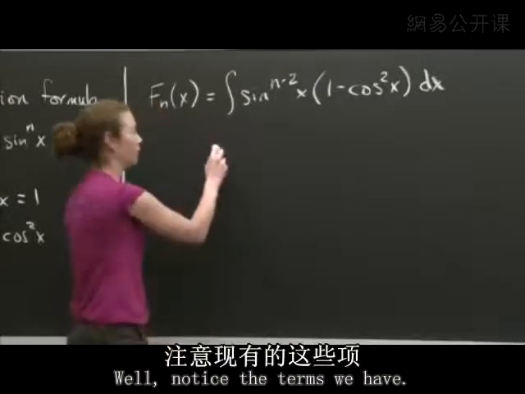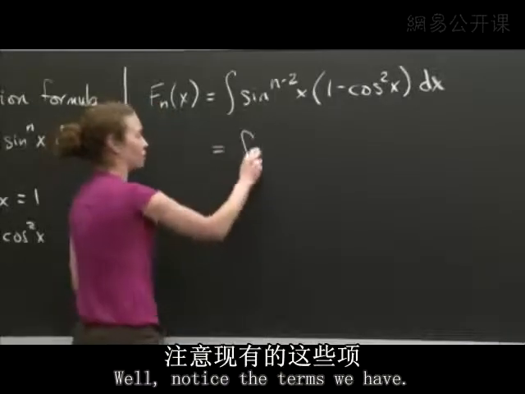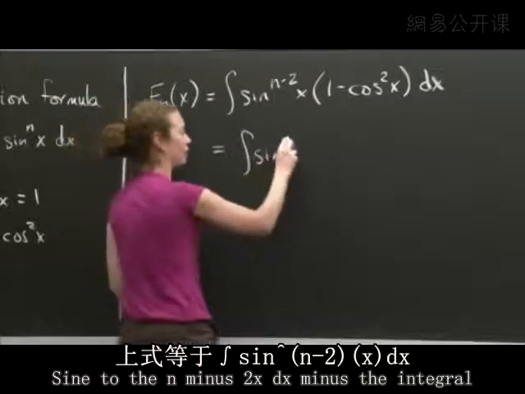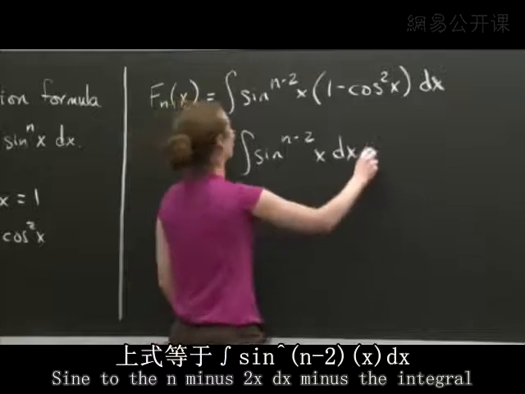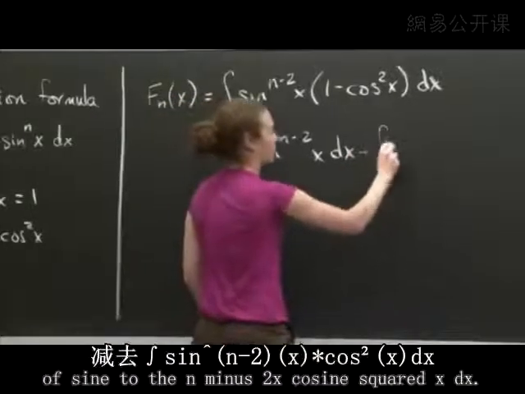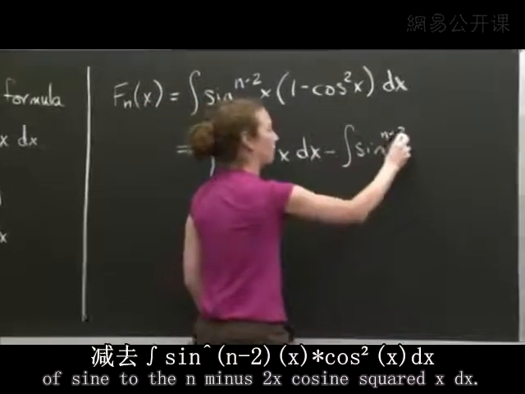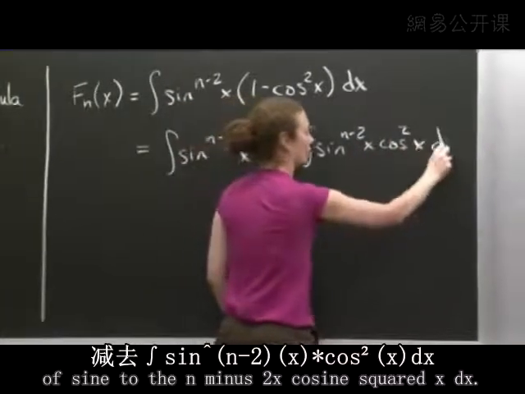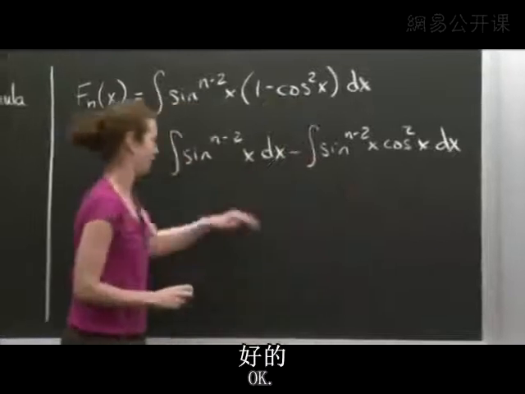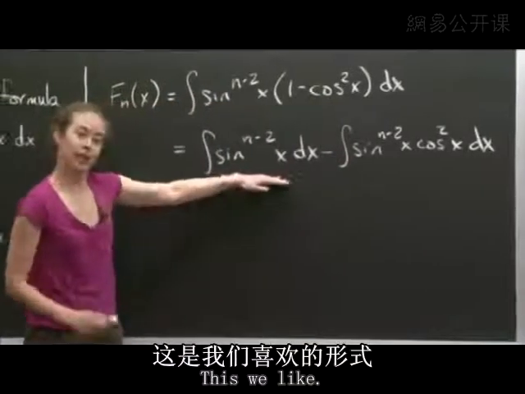Why is this good? Well, notice the terms we have. The integral of sine to the n minus 2 x dx minus the integral of sine to the n minus 2 x cosine squared x dx. Okay. This we like.